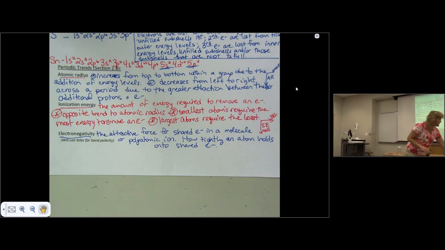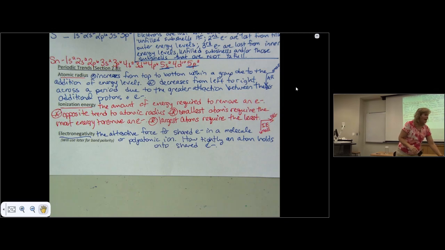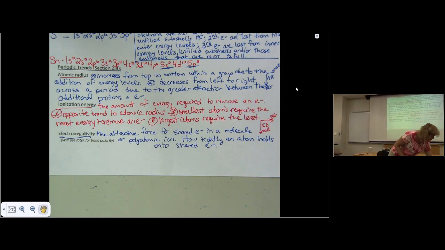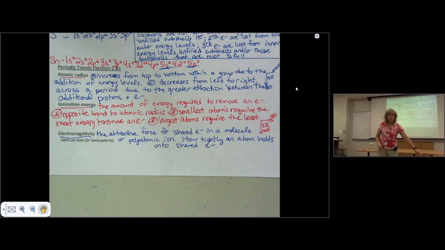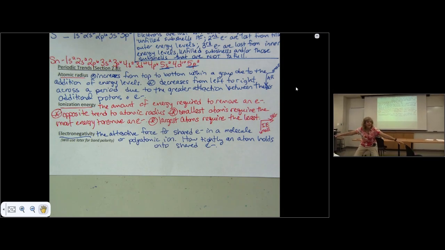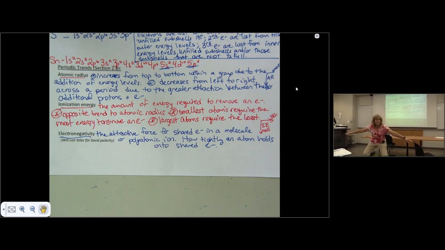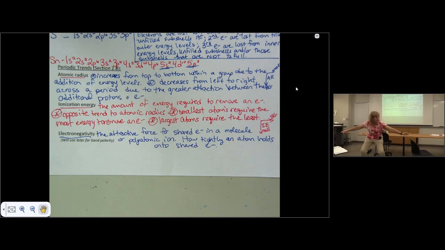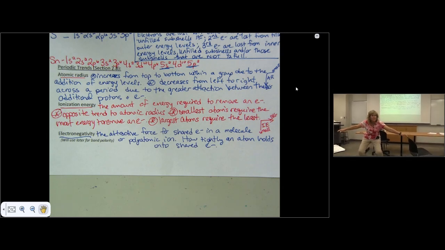If this is another atom, and in the middle here is the nucleus, this is the outer energy level of this particular atom. You with me? If I'm that big fat atom again, these are my outer energy level electrons. That's the outer energy level electrons for that atom. Here's my nucleus. There's their nucleus. Who is going to share and pull my outer energy level electron more tightly, me or them?